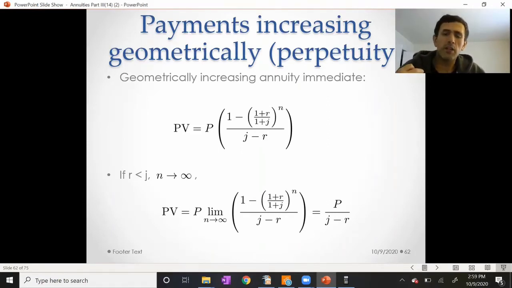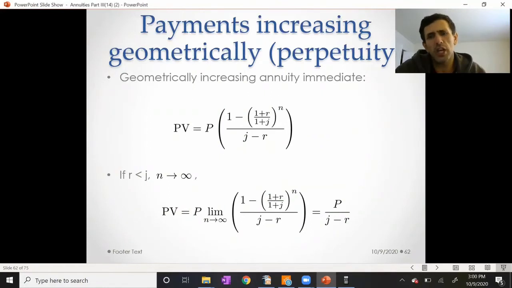But because these payments increase each period so rapidly, when you take the present value of a payment way out in the future, it's not necessarily worthless. And in fact, when you add up all these present values, you just get something that's infinite.